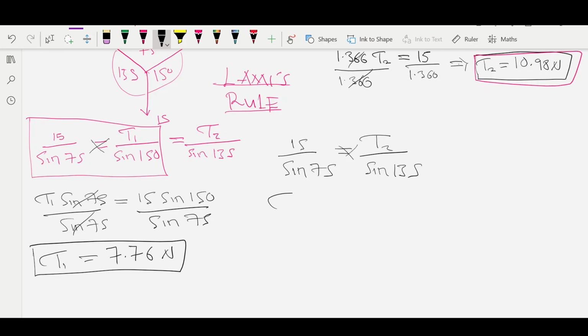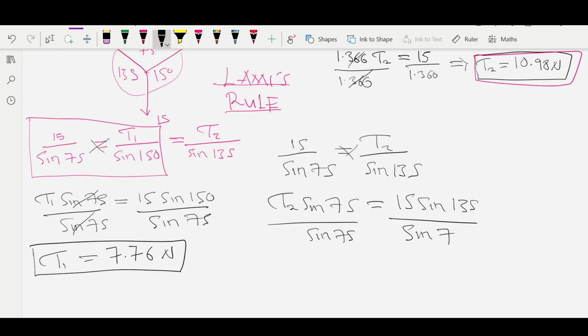So we're going to have T2 sine 75 equals 15 sine 135, and then over sine 75 on both sides.